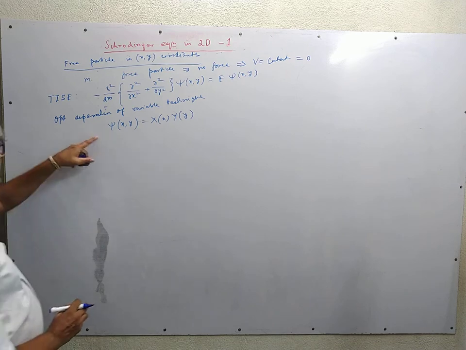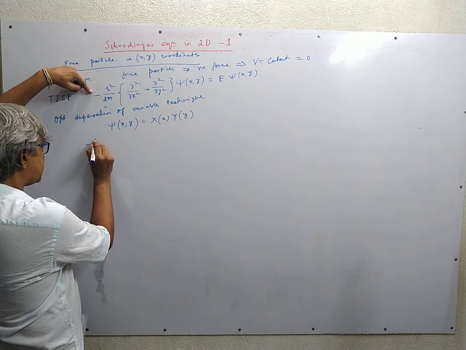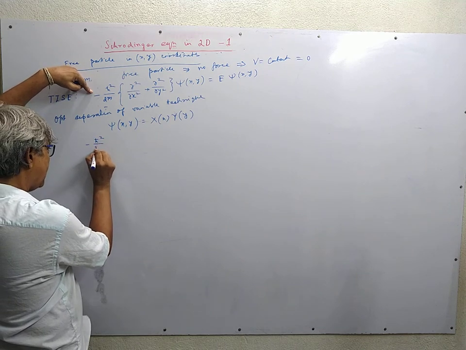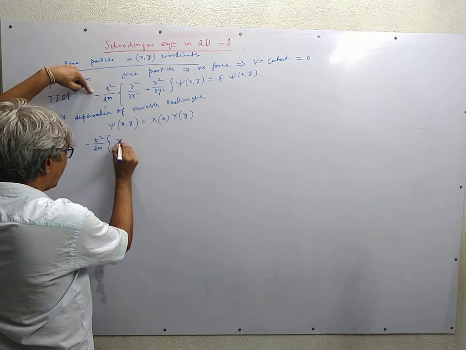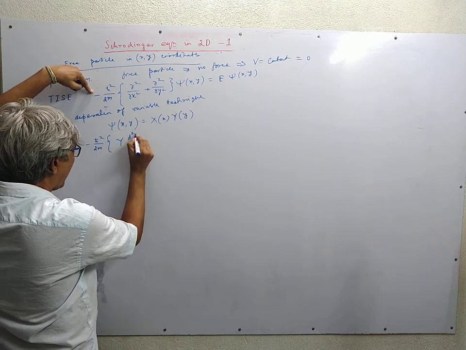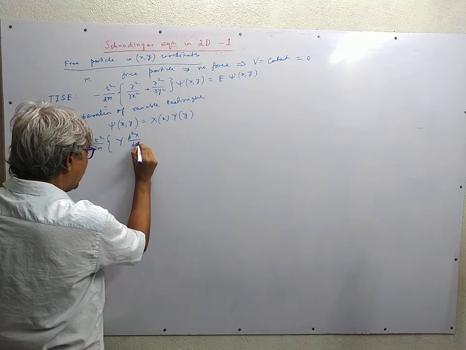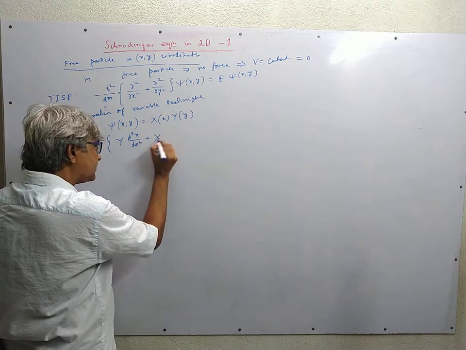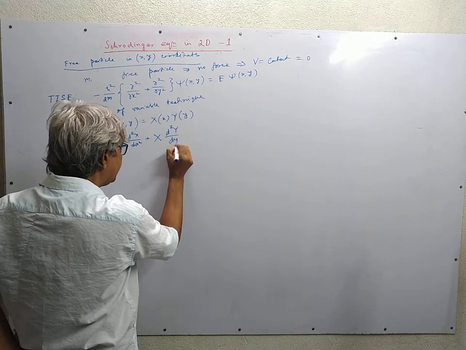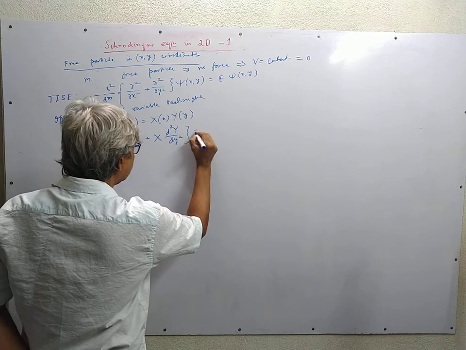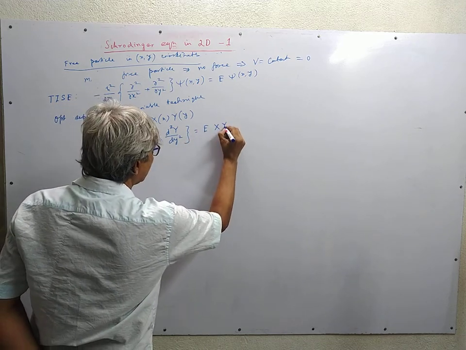When we plug this into this equation, the equation becomes minus h bar square by twice m, then Y d2X dx2 plus X d2Y dy2 is equal to E times capital X and capital Y.